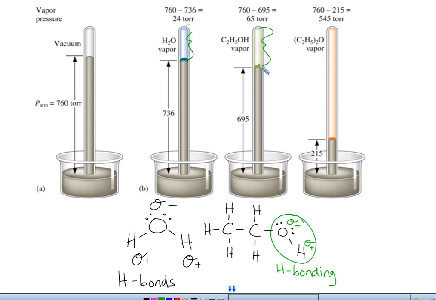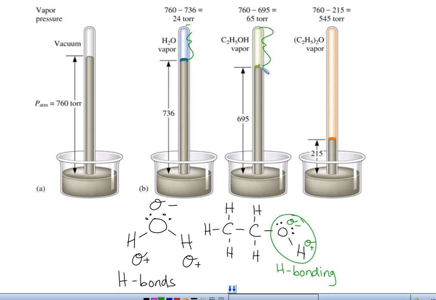They're listing the vapor pressure as like 24 torr for water vapor and 65 torr for the ethanol. That kind of makes sense because I'm expecting the intermolecular forces between water molecules to be stronger than that between the ethanol molecules. So I should have less water in the vapor phase, creating less pressure then.